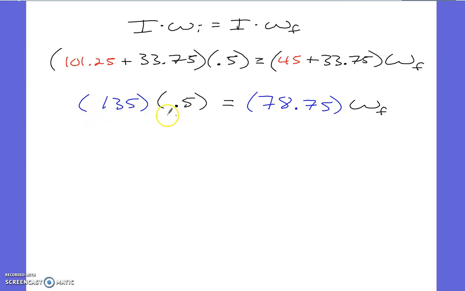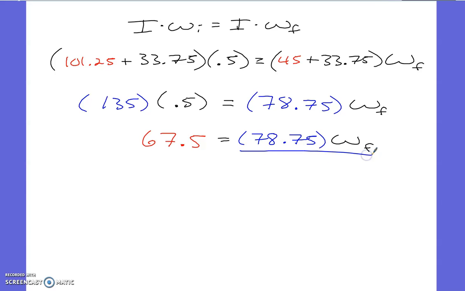From here I can multiply 135 times 0.5, and I get 67.5. On this side I still have the 78.75 times my final angular velocity. To get my angular velocity, I divide by the number connected to it, 78.75, since it is multiplied to it.